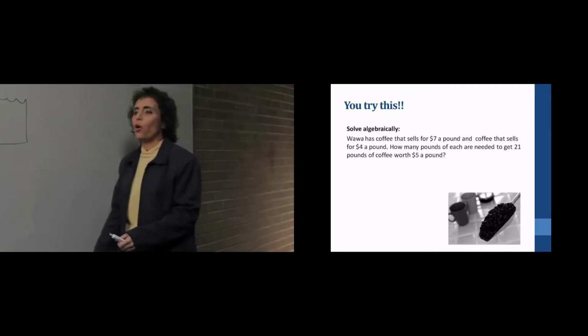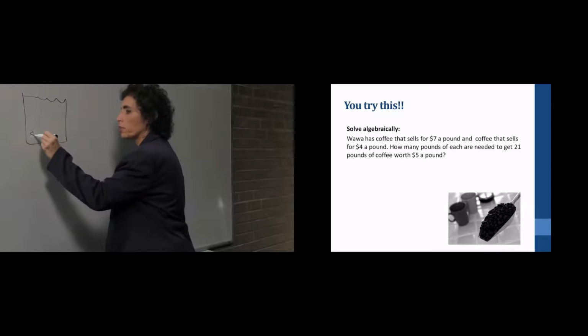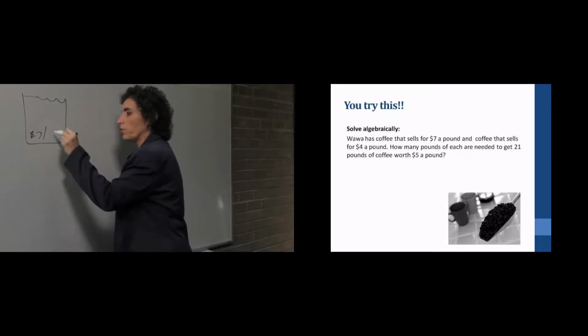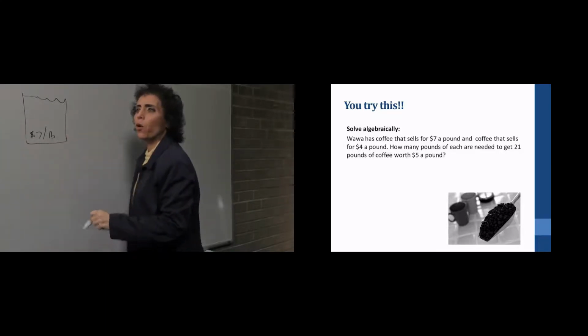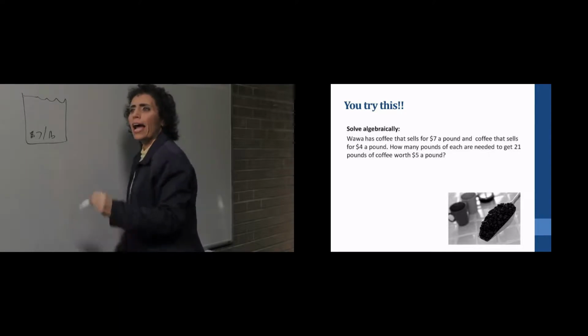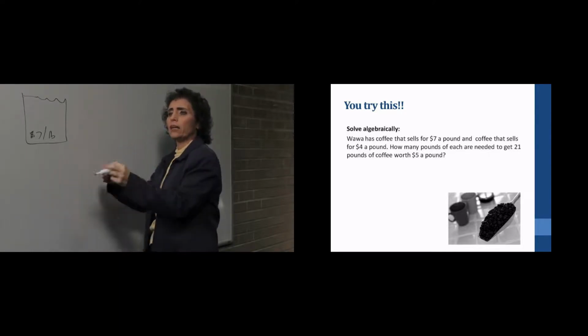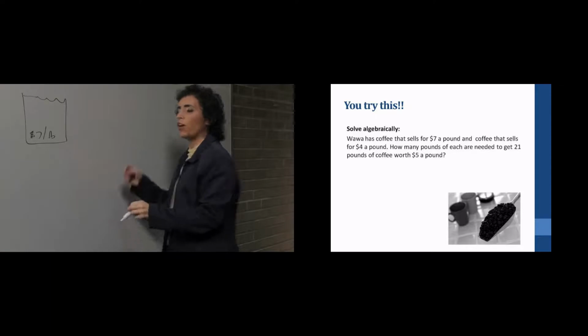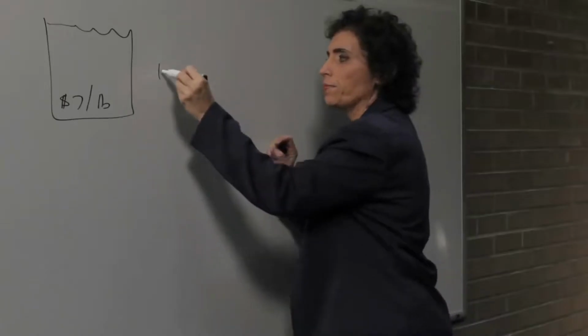Okay, Wawa has coffee that sells for $7 a pound and coffee that sells for $4 a pound. How many pounds of each are needed to get 21 pounds of coffee worth $5 a pound? So you're going to mix these coffees together.